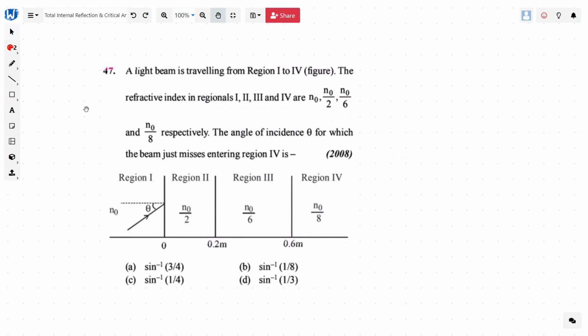Now a light beam is traveling from region 1 to 4. The refractive indices of the regions are given. We need the angle of incidence theta for which the beam just misses entering region 4. This is what we should be looking for.